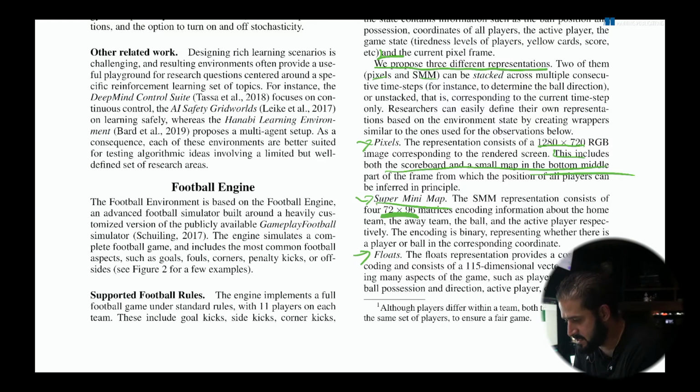And it says consists of 4 72 by 96 encoding information about the home team, the away team, the ball, the active player and the active player respectively. The encoding is binary representation, representing whether there is a player or ball in the corresponding coordinate.